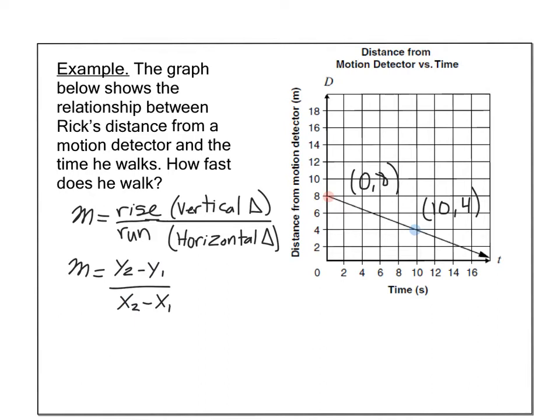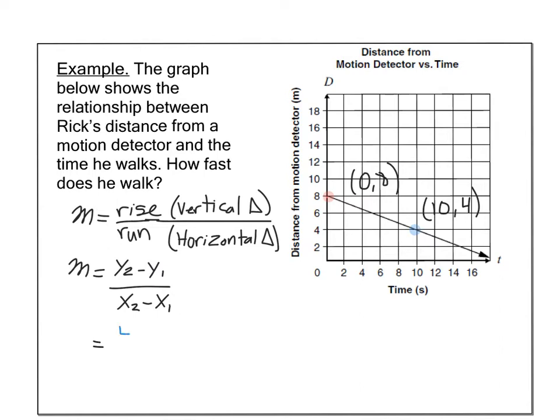Now, looking at the graph, I want to find 2 points on my graph that line up pretty perfectly with the cross section. The first point that I picked is at x is 0, y is 8, and the second point I picked was at x is 10 and y is 4. So I'm going to go ahead and plug those into my formula. And let's make this blue dot my y2.